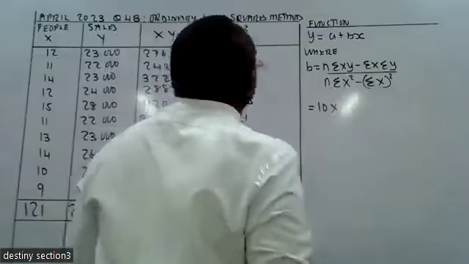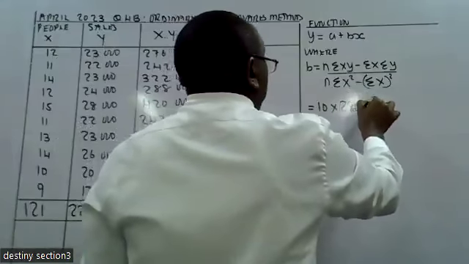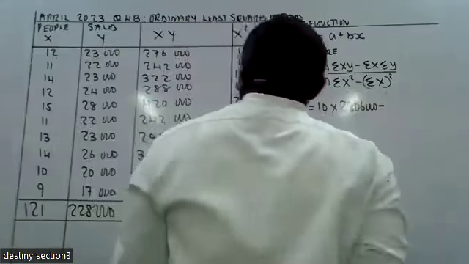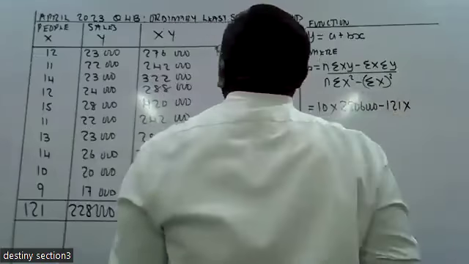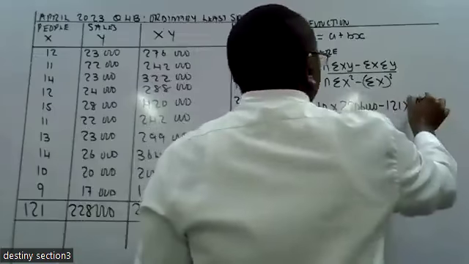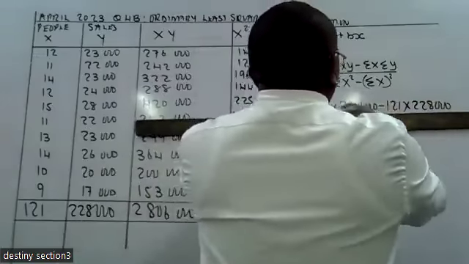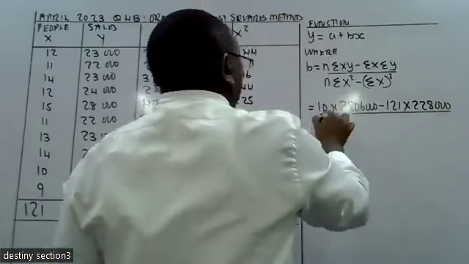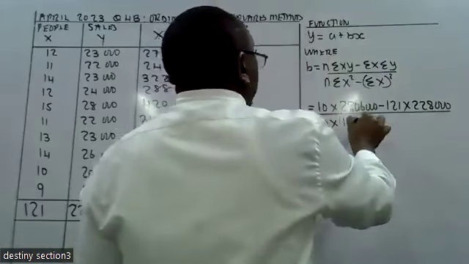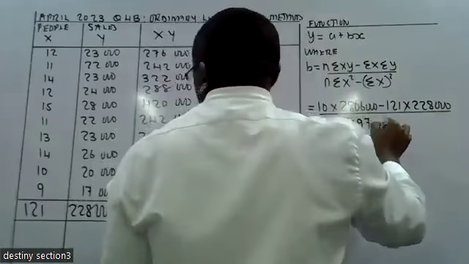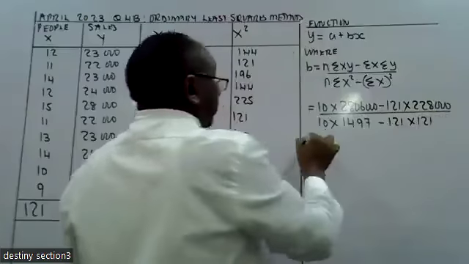So 10 multiplied by sum of xy, which is 2,806,000, minus sum of x, which is 121, times sum of y, which is 228,000. You divide by 10 times sum of x squared, which is 1497, minus sum of x, 121 times 121.